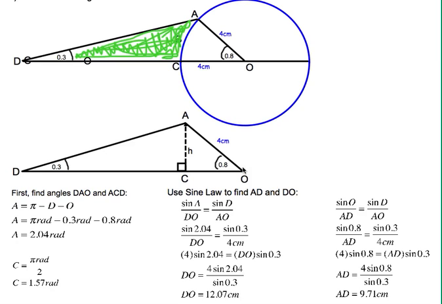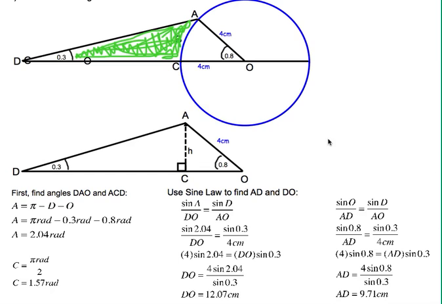Now we do the same to find the length of AD. We still use the same values for sine D and AO, which is 0.3 radians for the angle and 4 centimeters for the length. So now instead of trying to find DO, we find AD. We put in the angle of O, which is 0.8, do the same process, and we find that AD is equal to 9.71 centimeters.